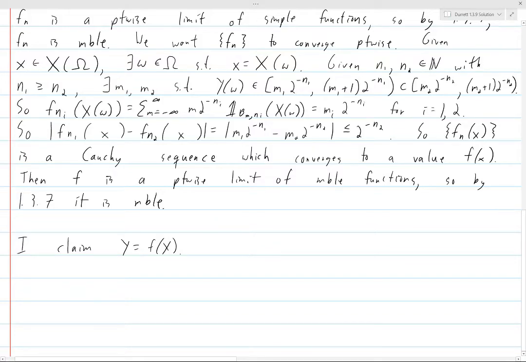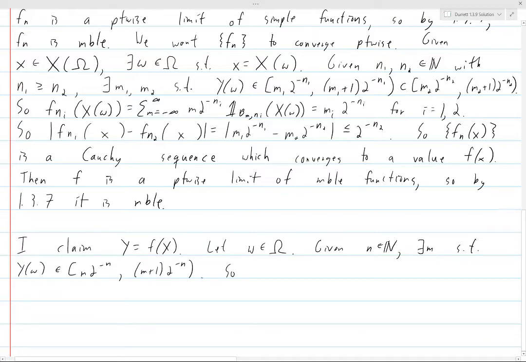So let omega be an element of capital Omega. Given natural number n, there exists an m such that, okay, so again, we've done this before. So we choose m and n accordingly.